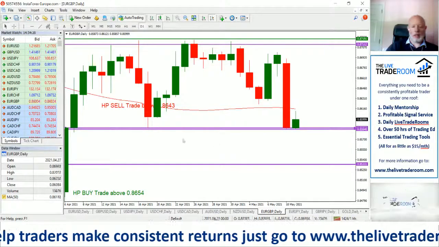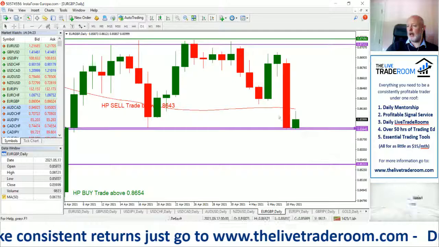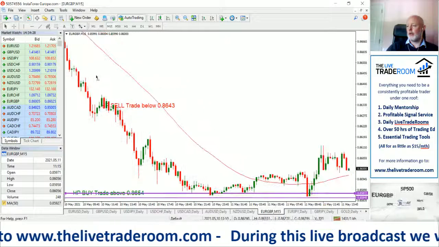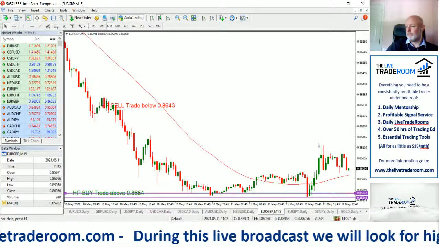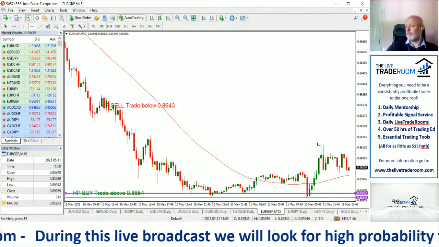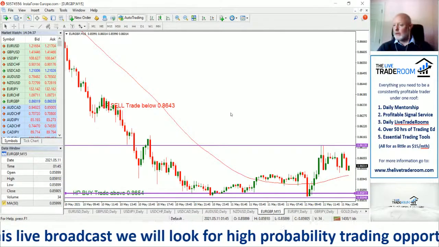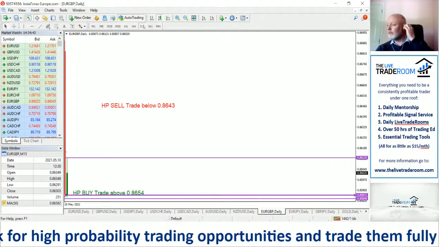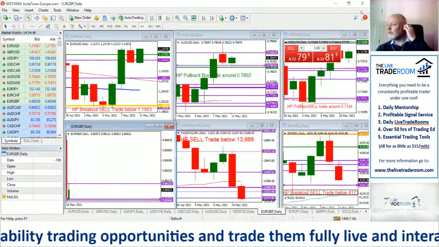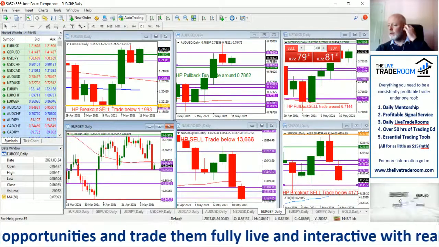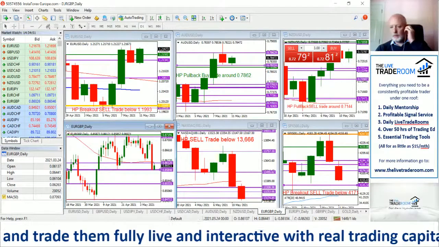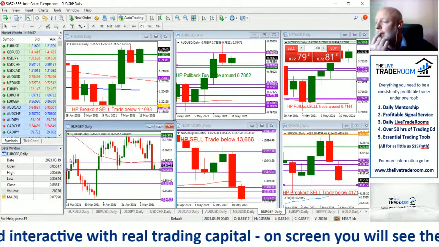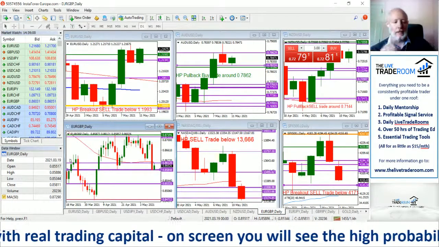So we got this little significant double bottom, but our price is beginning to roll off its highs.